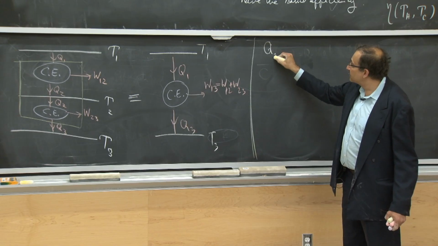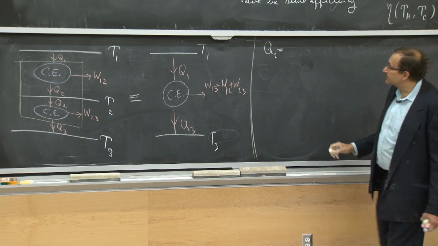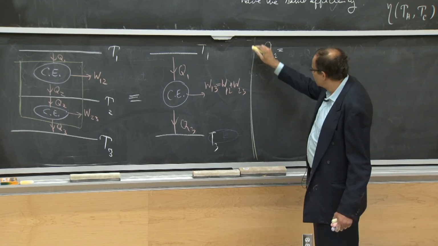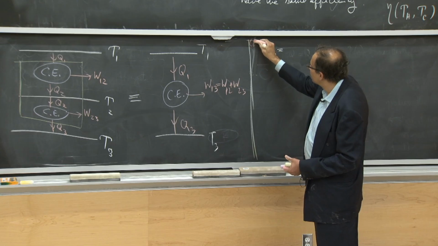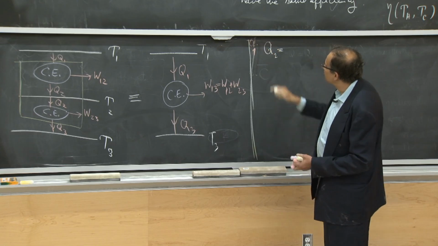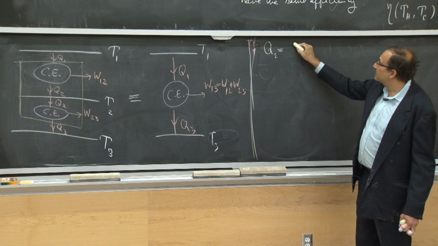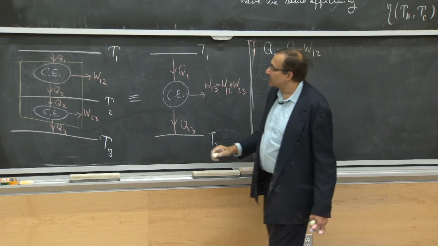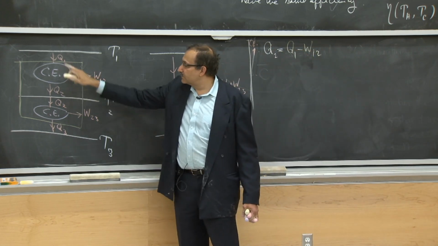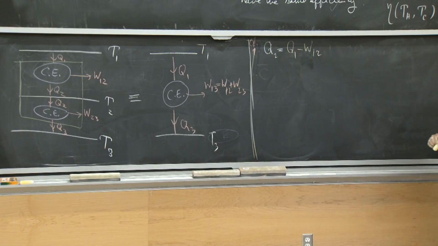By conservation of energy, I have that Q2 is, let me be precise, this is Carnot engine 1, Q2 is Q1 minus W12. Right? So how much heat I have here is the difference between this and the amount of work that I did, conservation of energy.